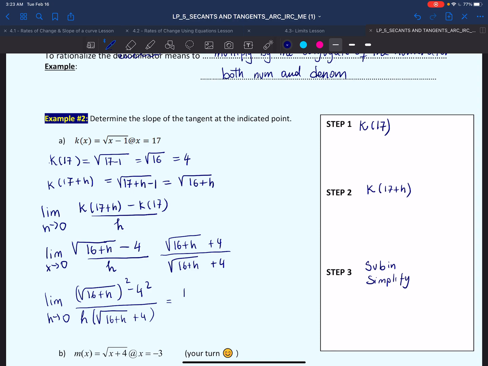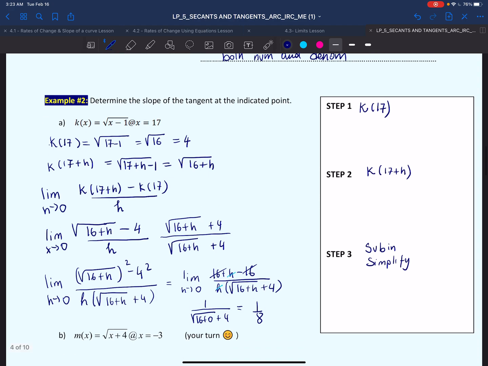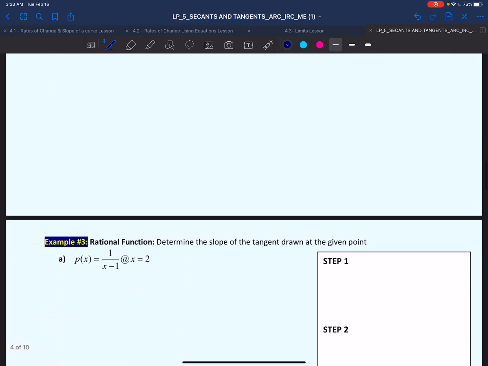So that would be limit as h approaches 0, 16 plus h minus 16 over h root of 16 plus h plus 4. So notice that now h will simplify to give 1 over root of 16 plus 0 plus 4. So that's 1 over 8. Now you can try the second example. It's very similar to what we just did.